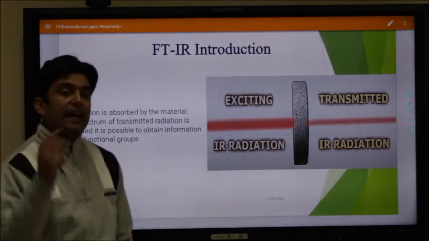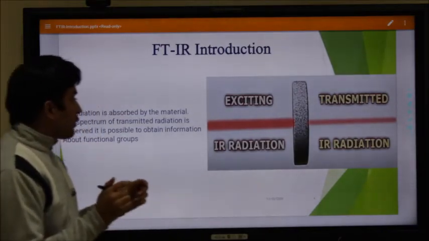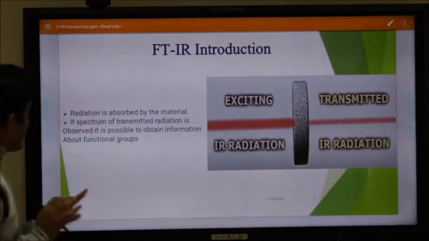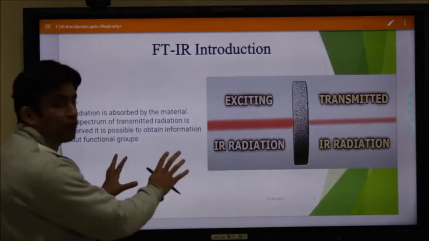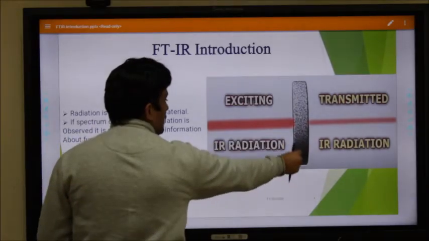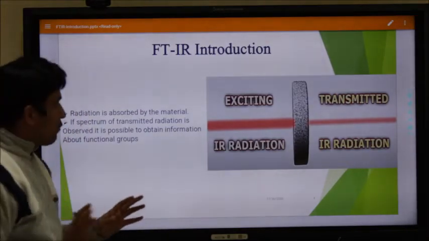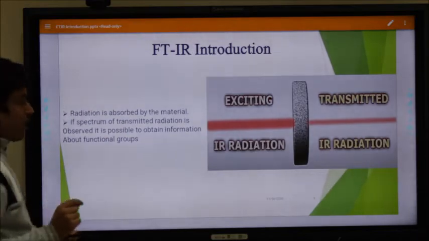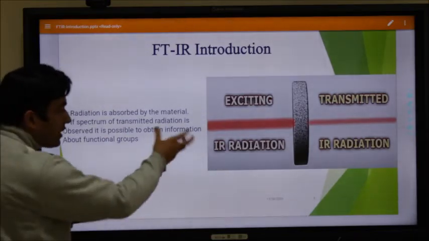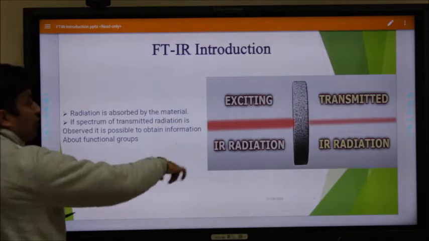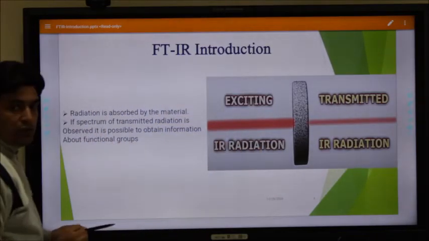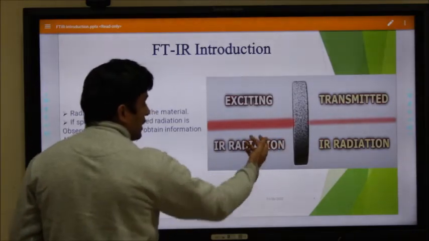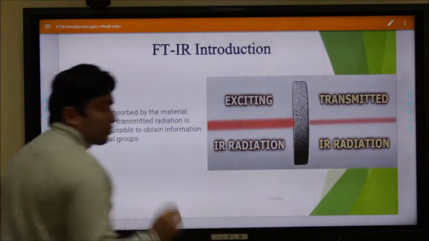Now let's start the actual concept from which we will know how FTIR instrumentation starts working. What happens when radiation falls on a sample? This is a solid sample, just for understanding. These are the radiations, IR radiations, and they are falling on a material. You can exemplify it as a small pellet.